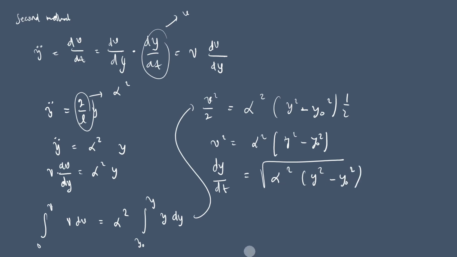So we can integrate it again, moving this term from the right side to the left side like this, and the right side is alpha times the integral from 0 to t of dt.